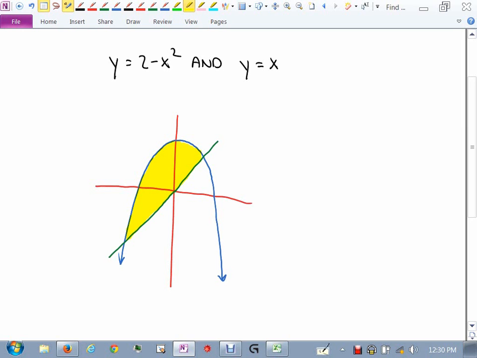What's the first thing you need? The area, right? But for the area, I need to know the points of intersection. I know which one's on top, I know which one's on bottom. This one is the 2 minus x squared. This one right here is y equals x.